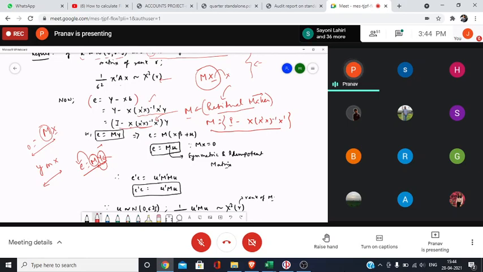Now, what is the property of this residual maker matrix? I told you, if you remember from our earlier lectures, that the matrices we mostly use in econometrics are, first of all, square matrices, and they are also symmetric and idempotent matrices. So M, the residual maker matrix, is also a symmetric and idempotent matrix.